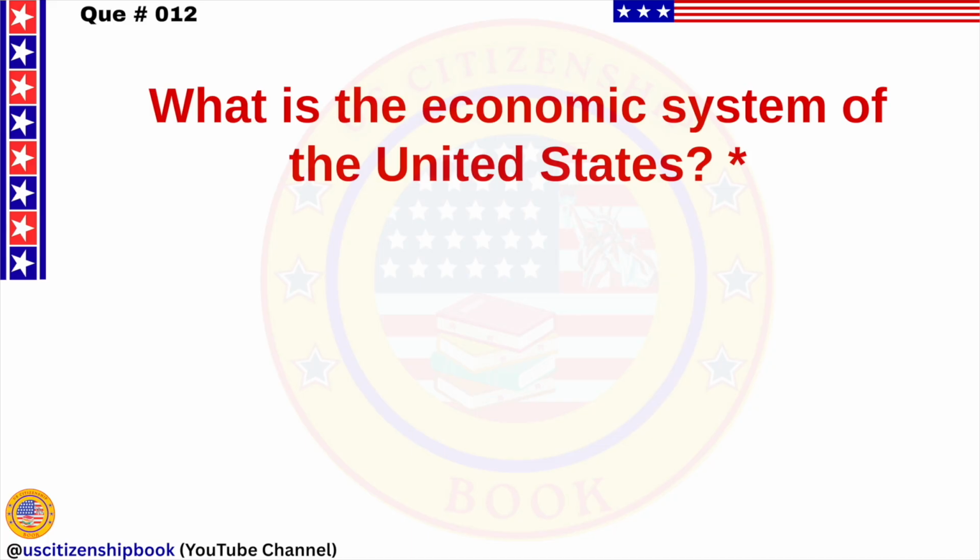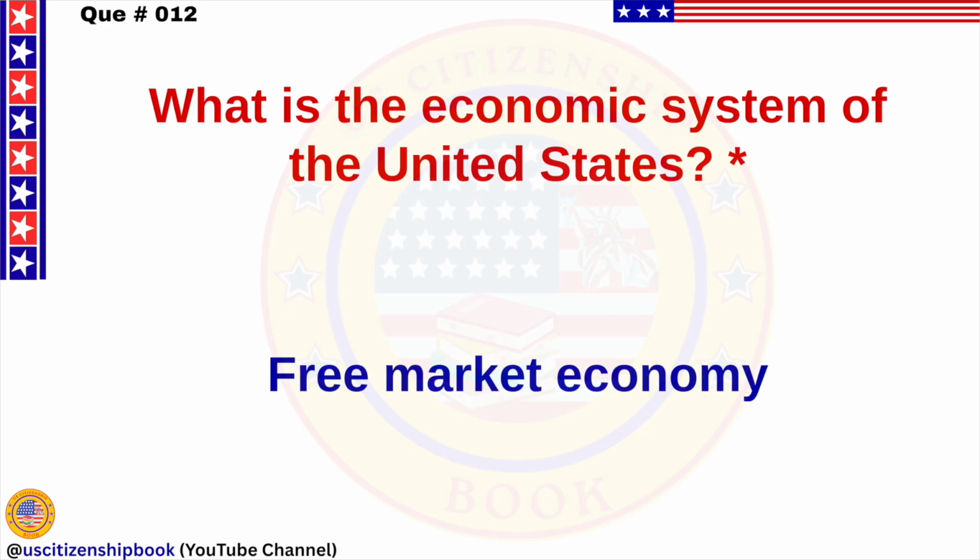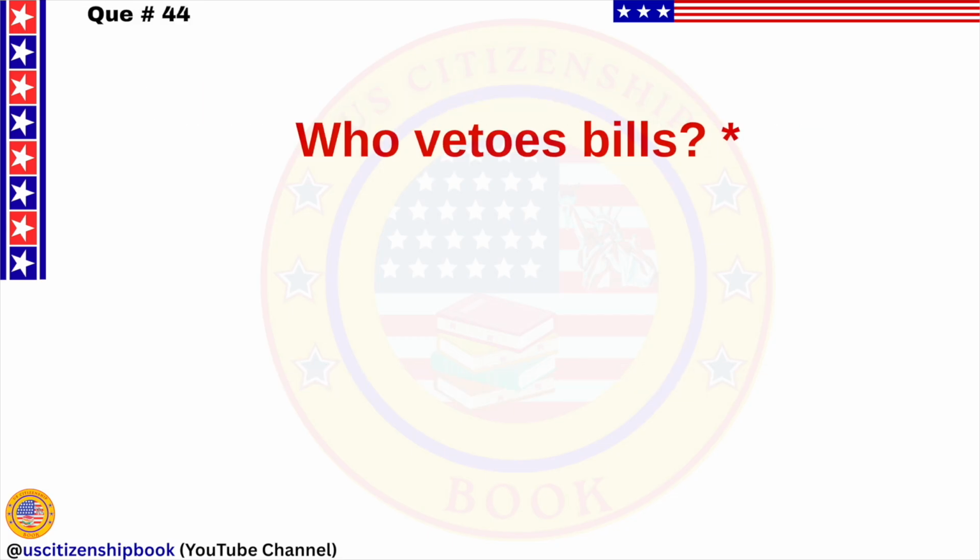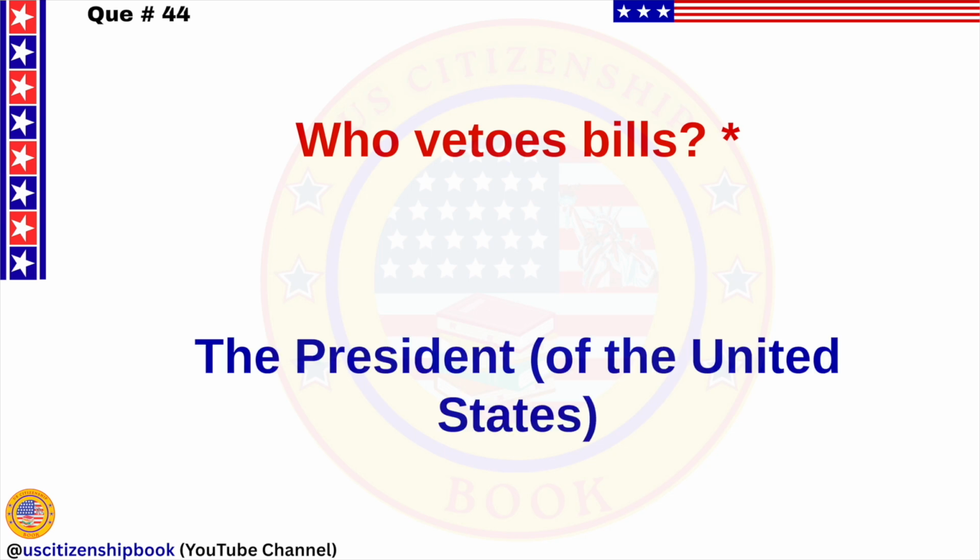What is the economic system of the United States? Free market economy. Who vetoes bills? The President of the United States.